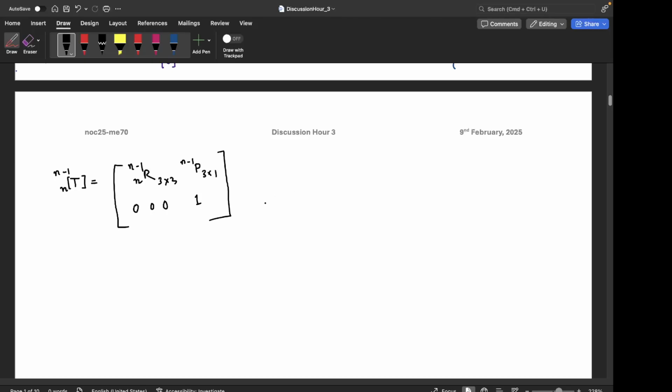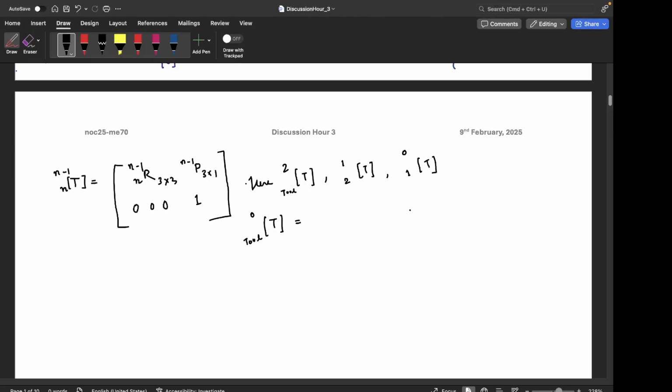Right? So here how many such matrices will we have? We'll have to write first from tool to 2, then 2 to 1, then 1 to 0, right? And finally what we want to calculate is the transformation from tool to 0.